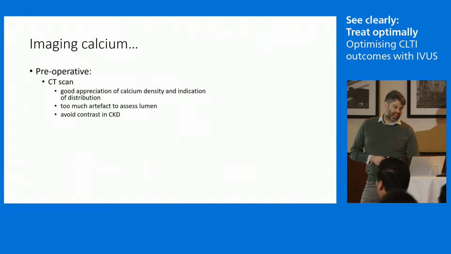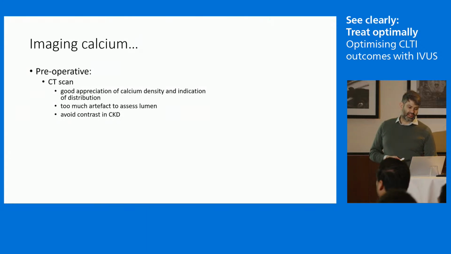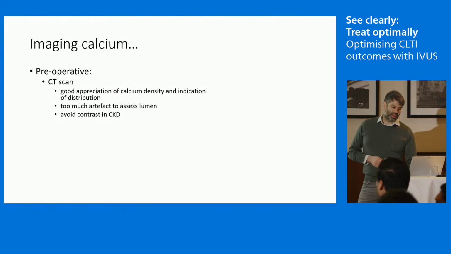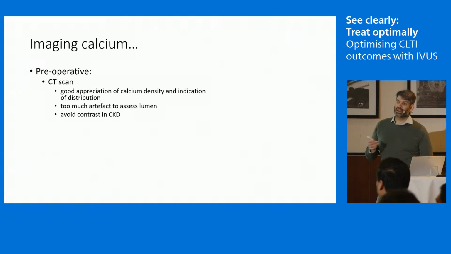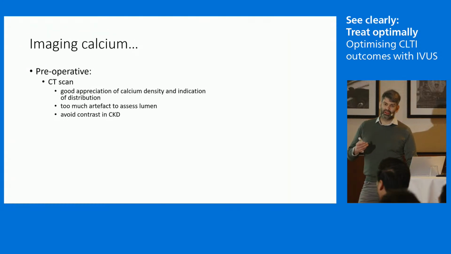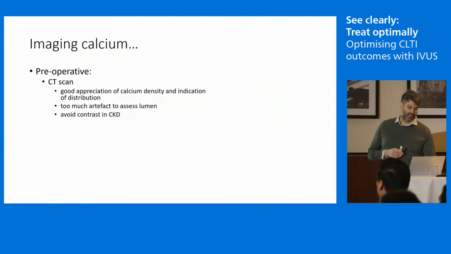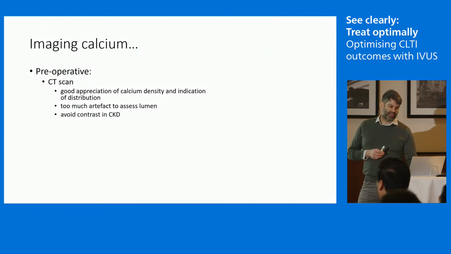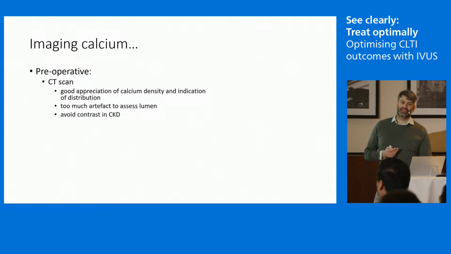So how do we image calcium? Well, preoperative CT scans can give you a good appreciation of calcium density and an indication of what its distribution is, in terms of whether it's nodular, whether it's medial. But in the setting of heavy calcium, you often have too much artifact to accurately assess the lumen.